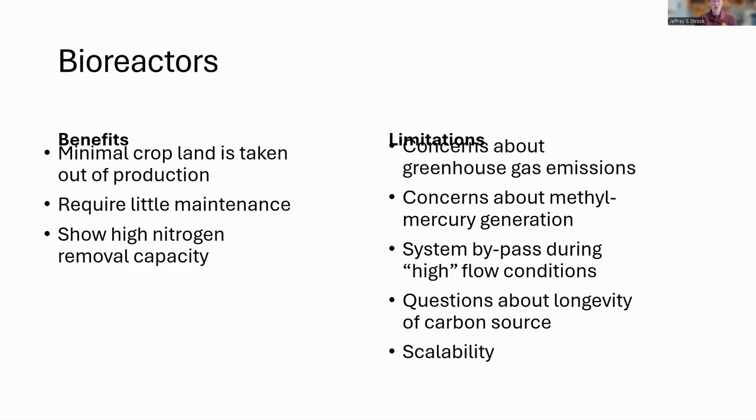But we haven't heard too many complaints about restricted flow other than that farmers and people that use these get frustrated because they really want to treat more water during those high flows. These systems are great, but they have a limitation. They can't treat every drop of water that flows through the drain tile system.